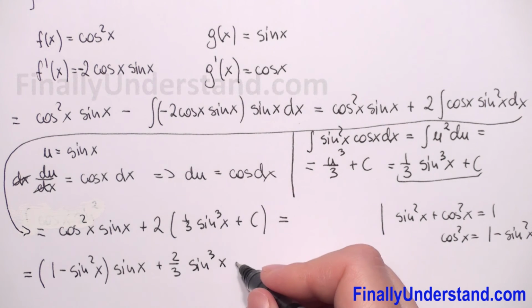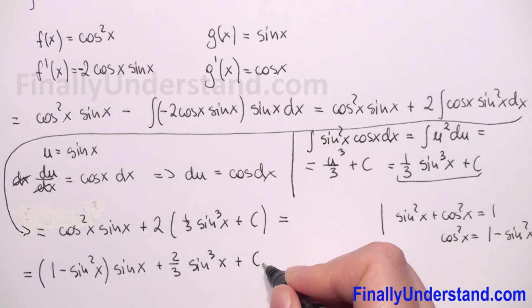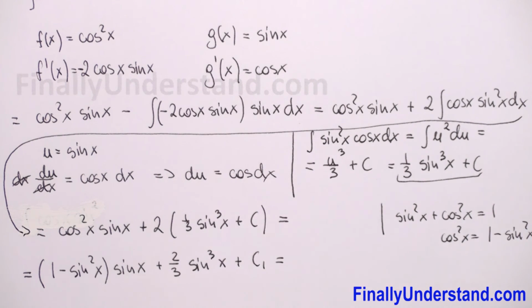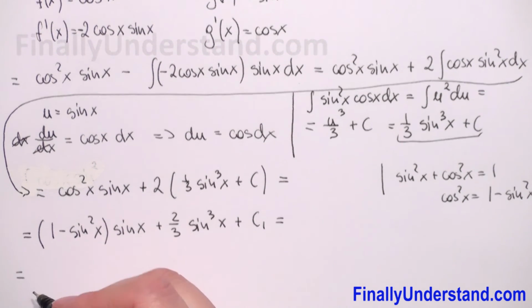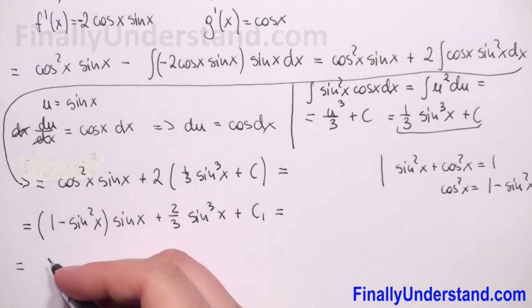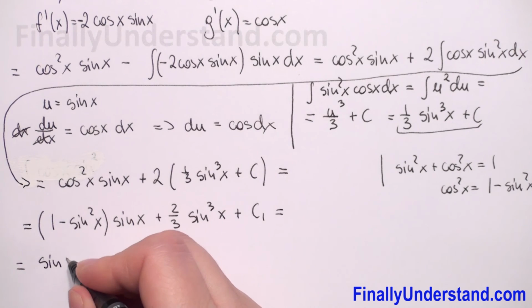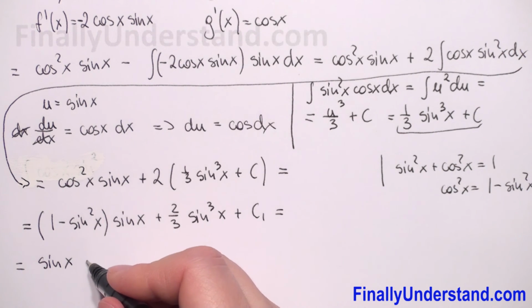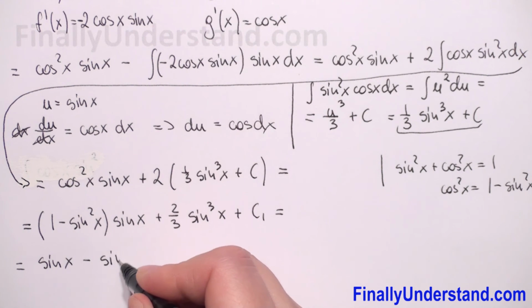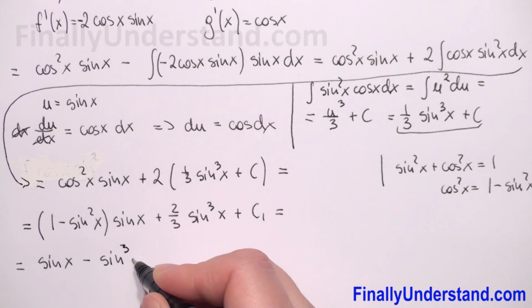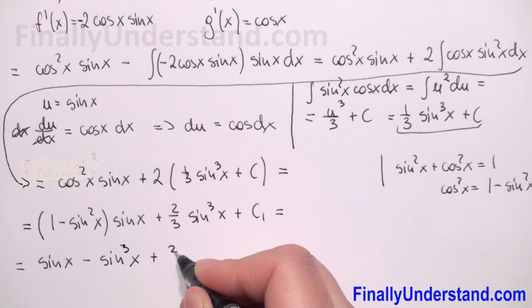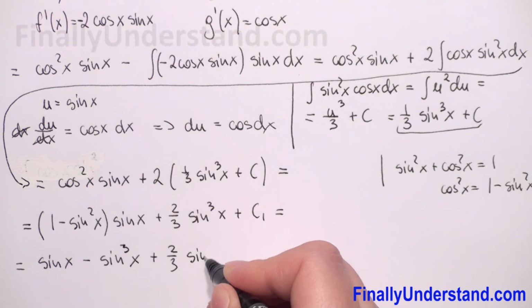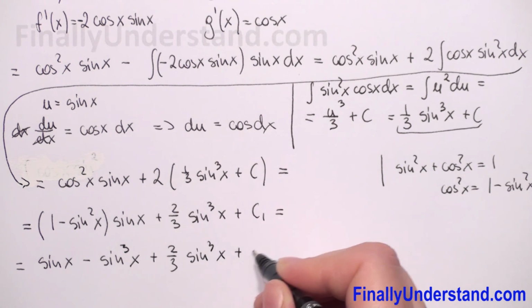2 times the constant is still a constant, so we can put c1. So this is equal to 1 times sine of x, which is sine of x, negative sine square of x times sine of x, which will be negative sine cube of x, plus 2/3 sine cube of x plus c1.